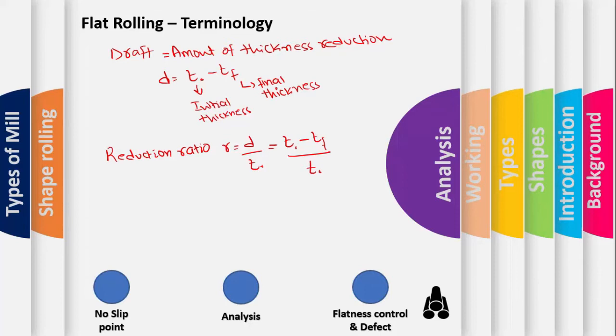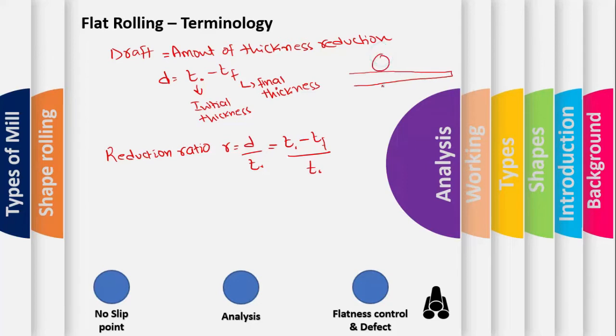So when a series of rolling operations are performed, reduction is taken as a sum of drafts divided by the total thickness. So there is a type of rolling operation in which the thickness is reduced gradually. So how does it occur?